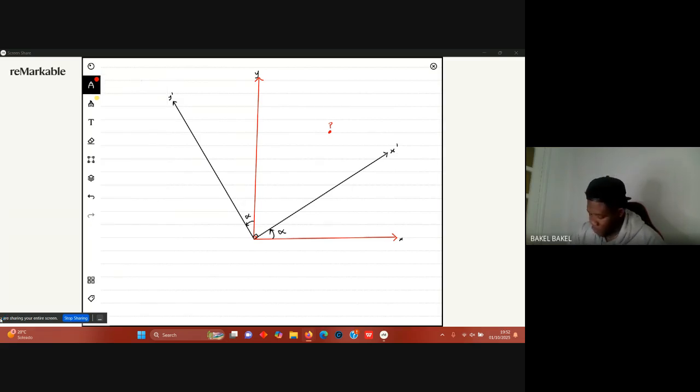If we trace this down to this point, what we get is px, because this is the point on x. Now, if we trace to the y, what we get is py.